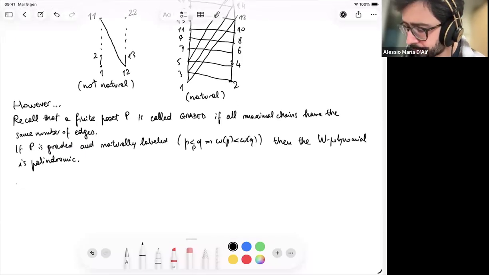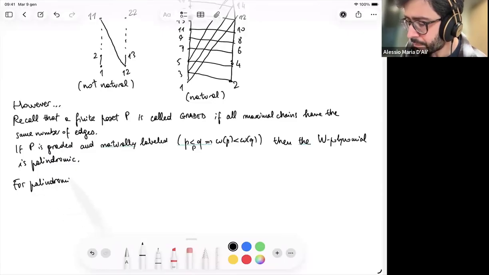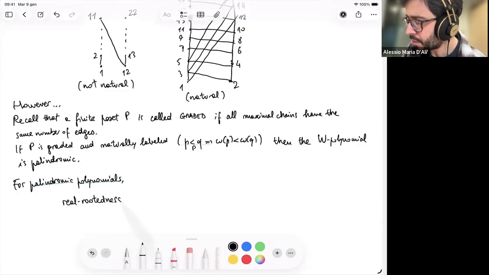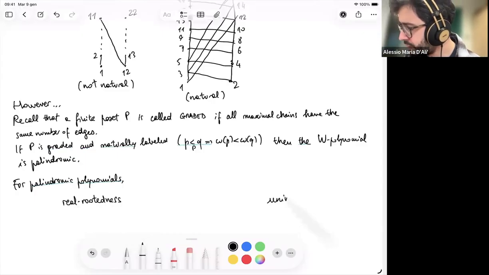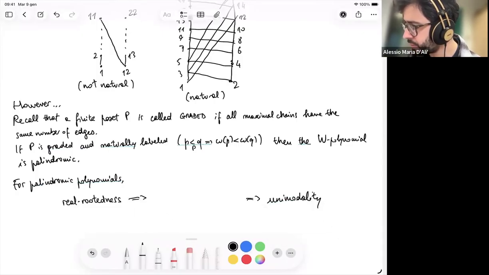But when a polynomial is palindromic, I'm going to say it here, you have real rootedness, you have unimodality all the way here, and one would imply the other, but there is some property in the middle, which is called gamma-nonnegativity.